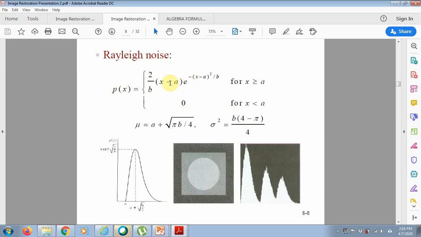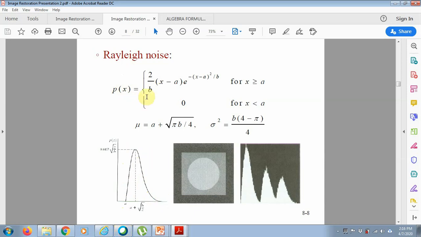So the Rayleigh noise is the function p of x. This is the noise function p of x, and it will be for this curve from here to here.